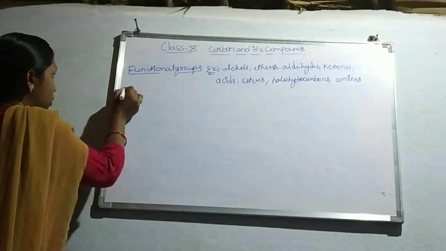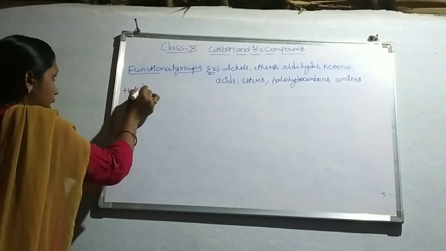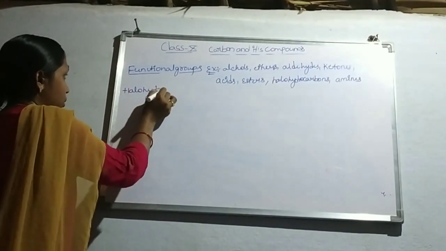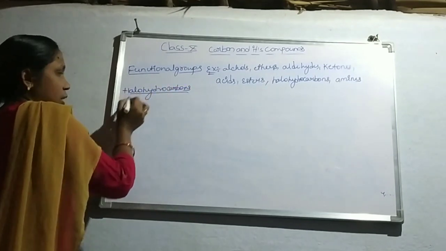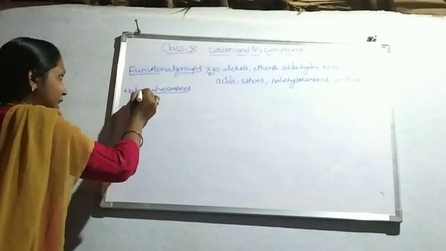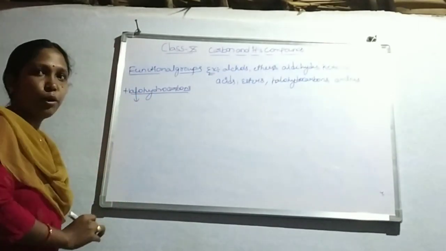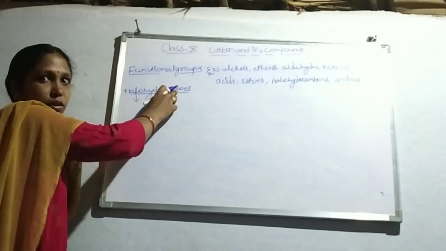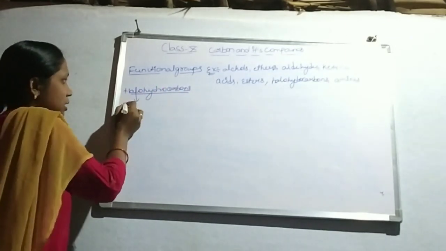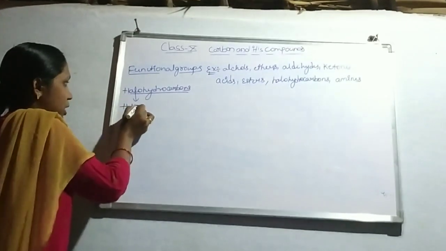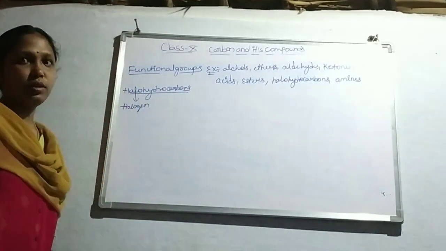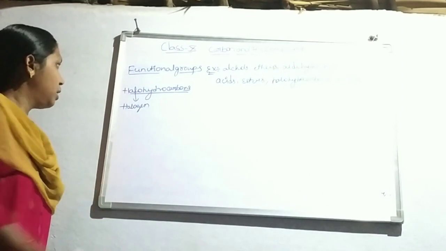First we see the halohydrocarbons. Here halo indicates that the hydrocarbon, already known as a carbon and hydrogen compound, has halogen atoms, either one or more.